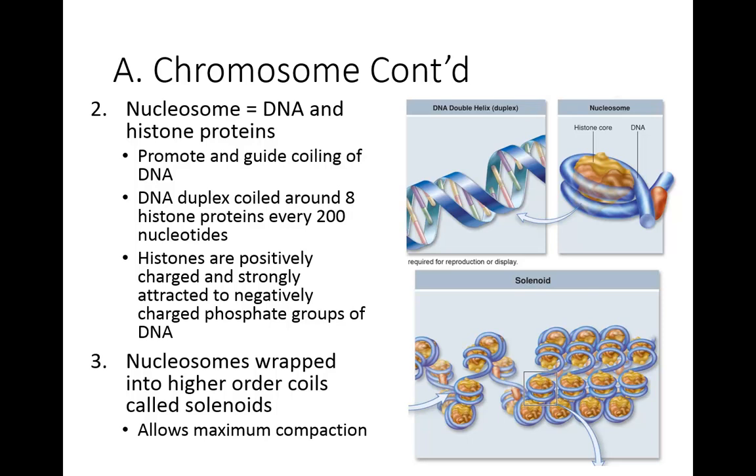Okay. A nucleosome, if you remember, chromatin is the whole structure. A nucleosome is a smaller molecular structure, made of a histone, which is a protein, with DNA wrapped around it.